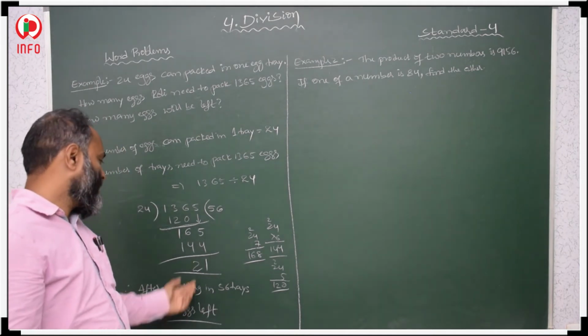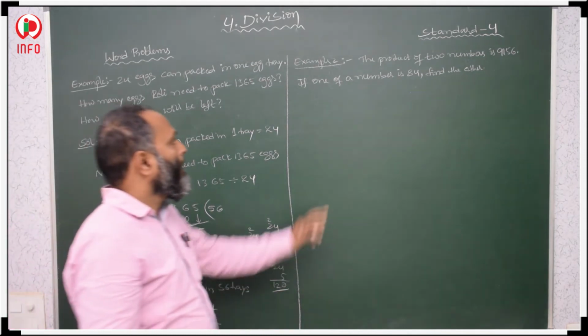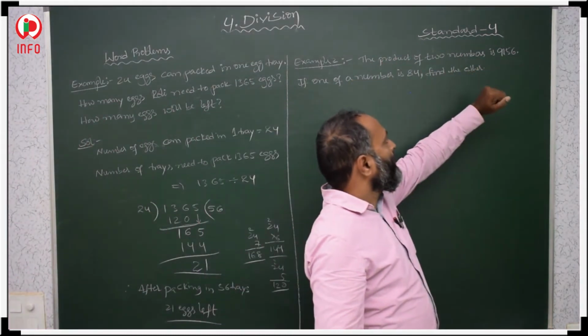How many eggs left? 21 eggs left. Okay. Now find the product of two numbers.